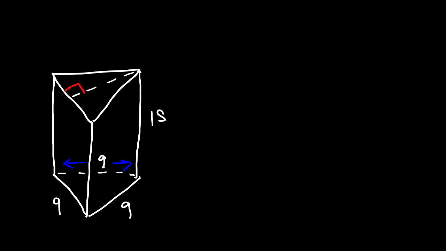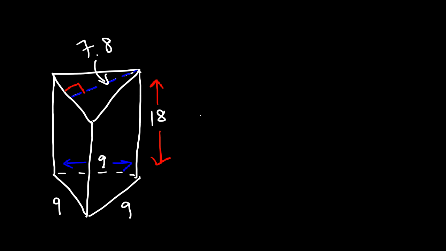And this is 18. And this portion highlighted in blue, let's say that's 7.8. So with this information, you should be able to find everything. The volume of the triangular prism, and also the surface area. So go ahead and take a minute and figure that out.